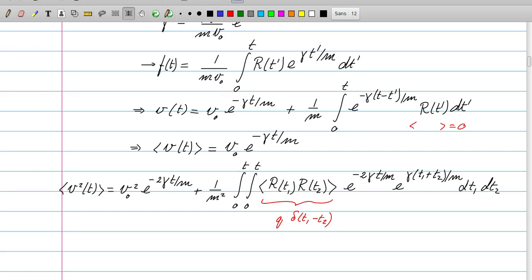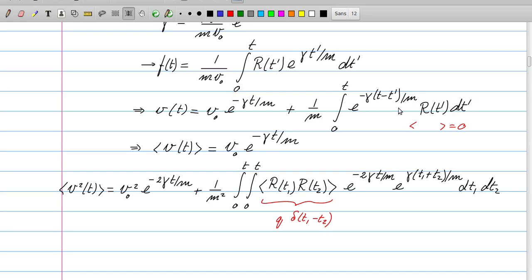In order to find that out, we calculate the v squared of t, so that we can later subtract the expectation value squared. That's this expression, so the difference is this term. And now we have here two r's, because we have two integrals.